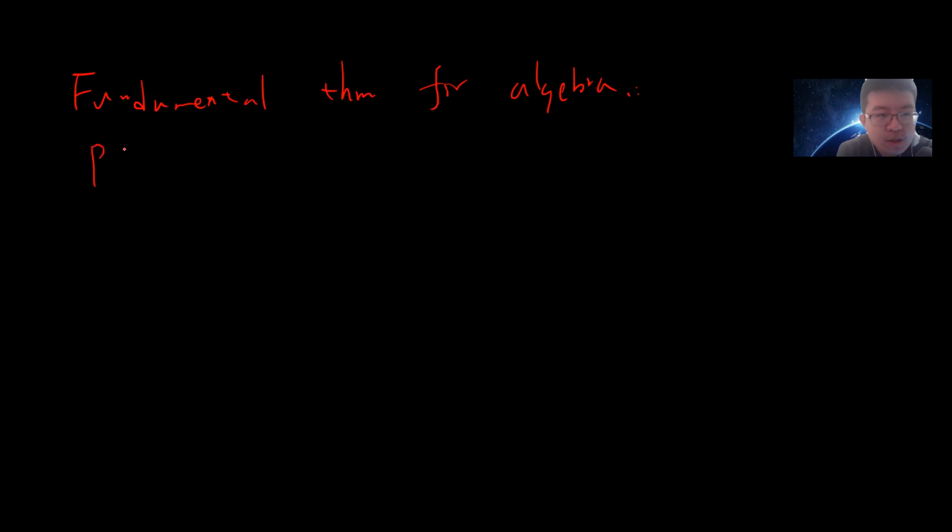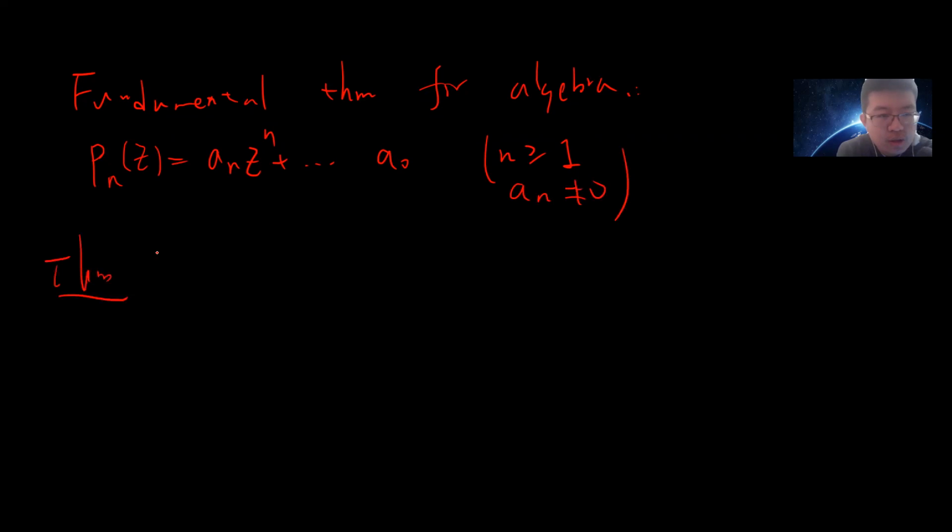Basically, the idea is that you have a polynomial, let's say P_n(z) equals a_n z^n up to a_0, where n is greater than or equal to 1 and a_n is non-zero. The theorem says that P_n(z) has at least one complex root.